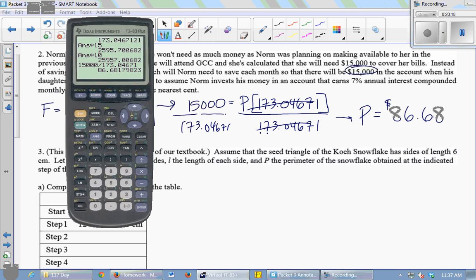The answer that I gave was 86.66, right? So this is off by 2 pennies. Why? I rounded. This number 173.04671 had more decimals on it. So when I used a rounded number, it made my final answer a little bit off. Not the worst thing. It's fine.